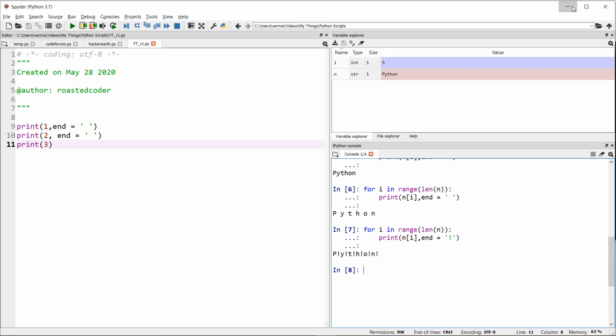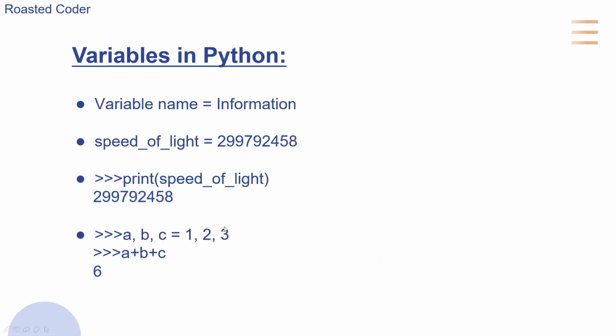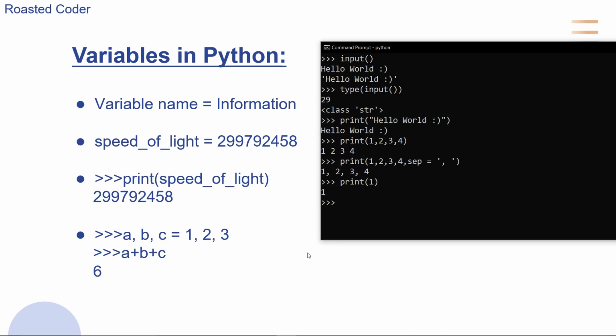So what are variables in Python? This is pseudocode for assigning a value to a variable, and let's take speed of light, just a variable name, and this is the value.